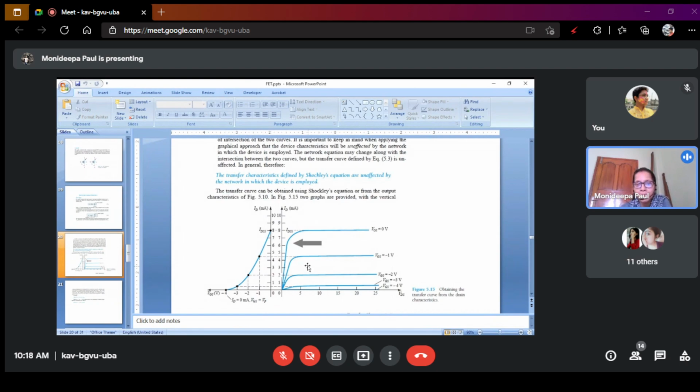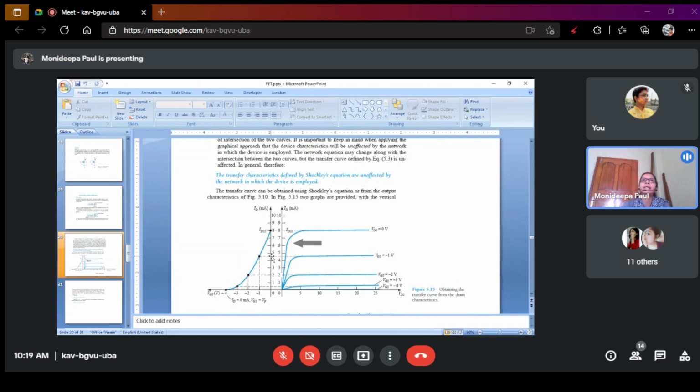Similarly, from the experiment, when VGS is equal to -1 volt, IDS is equal to 4.5. Similarly, when VGS is equal to -1 volt, if you apply equation 5.3, then you get IDS equal to 4.5.